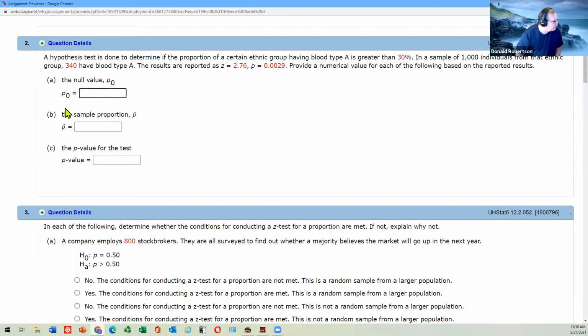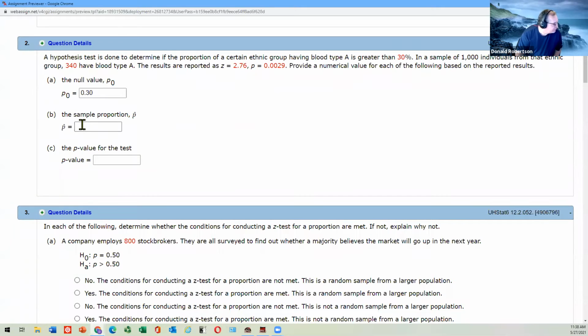Do you see this P naught, who he is? That's just the number that would go in your H naught. Do you know how you say H naught P equals 0.30? They very often call that number P naught, if you're wondering. So that's what that was.